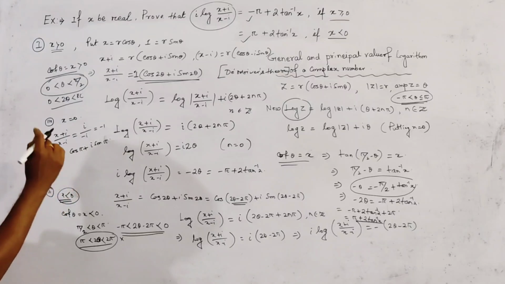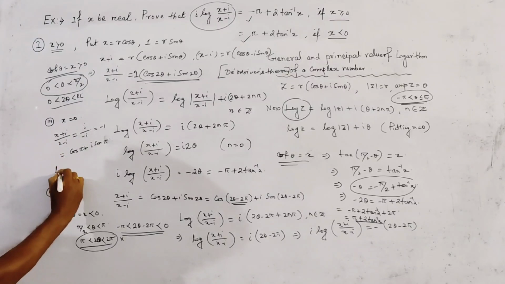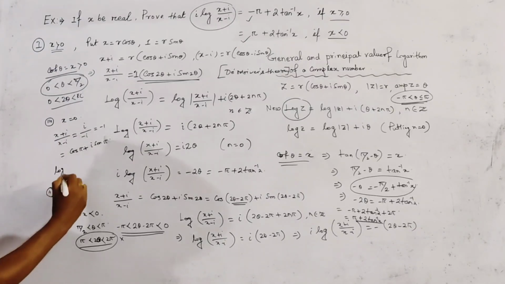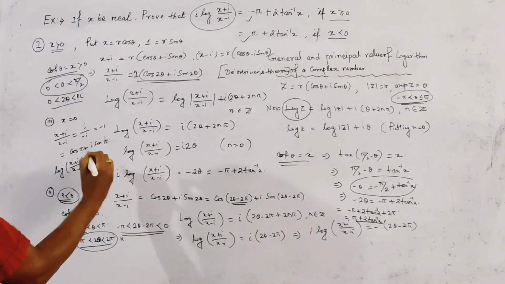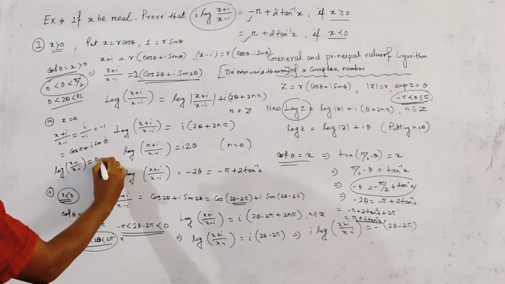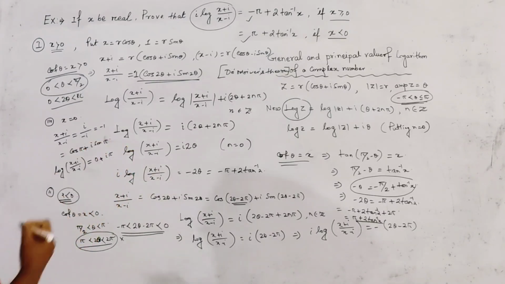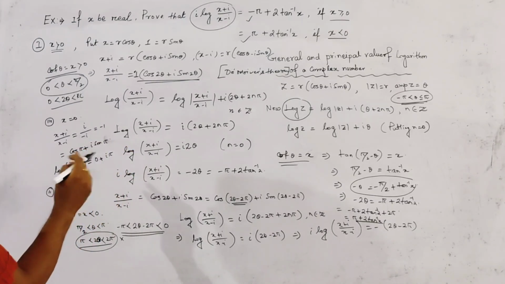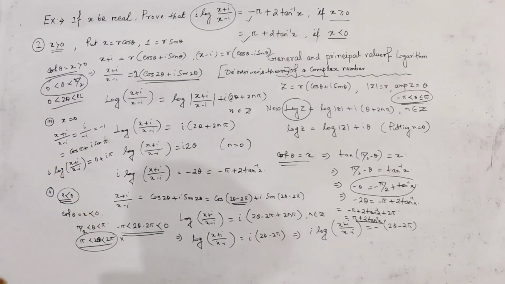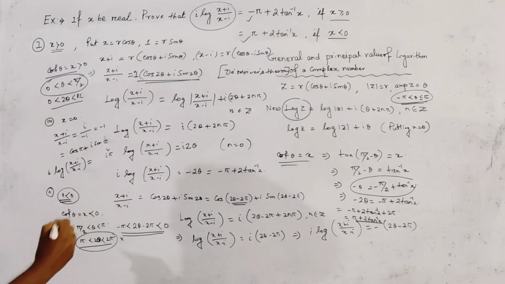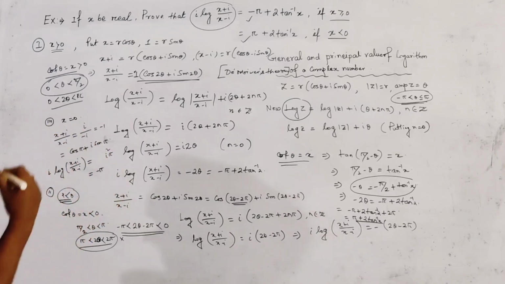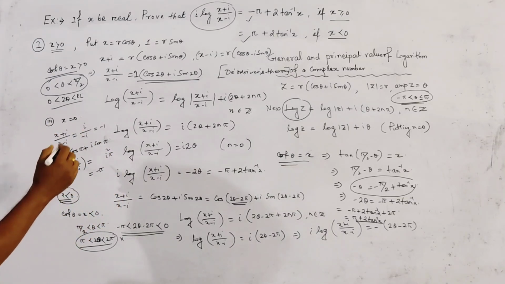In this case, we directly write the principal value of log: Log((x + i)/(x − i)) is given by 0 + iπ. Now we multiply both sides by i, which gives i²π, so it is −π.